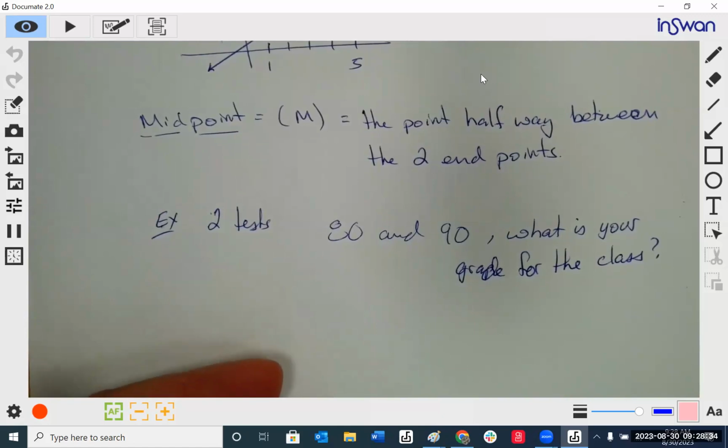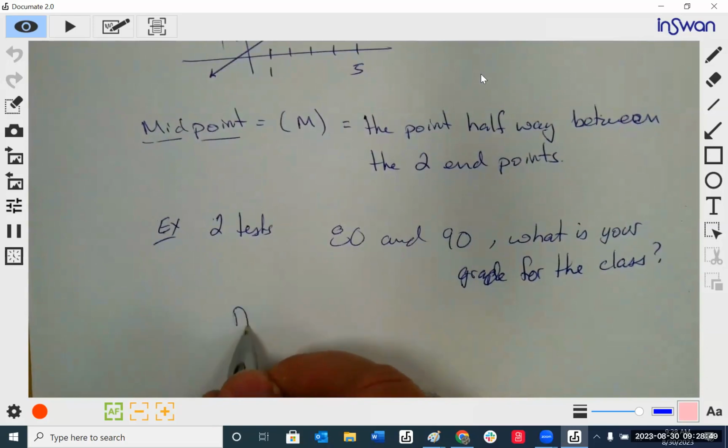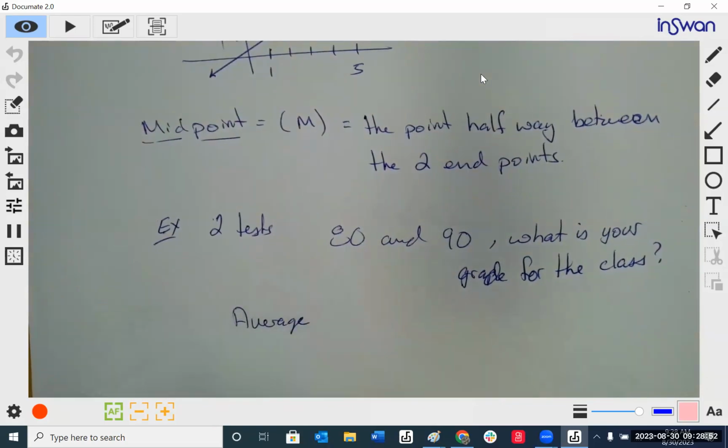How do y'all find out what your grades are for the class right now? You add them and then you divide by two. Very good. What's that called? Add them and divide, that's called the average. And that's exactly what it is.